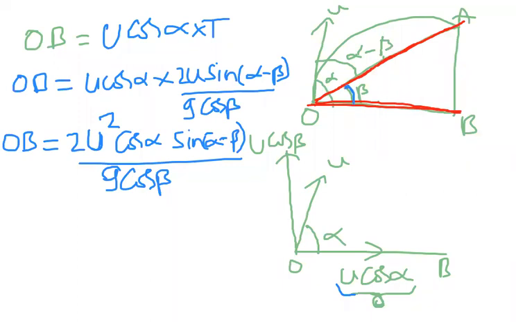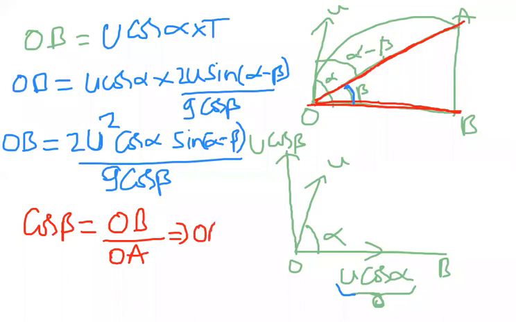So cos beta, as the diagram says, is OB by OA. As per our target, we need OA, so I can write OA is equal to OB by cos beta.